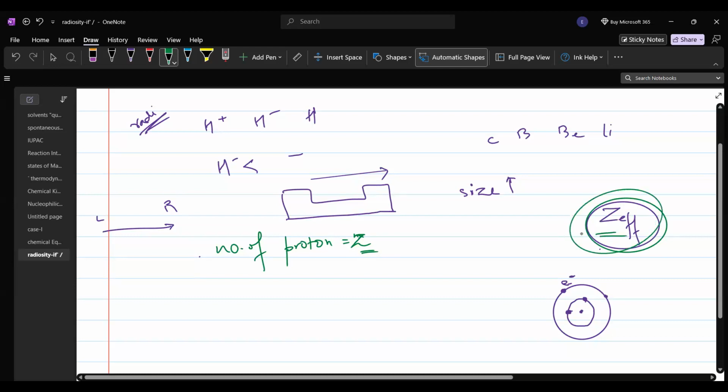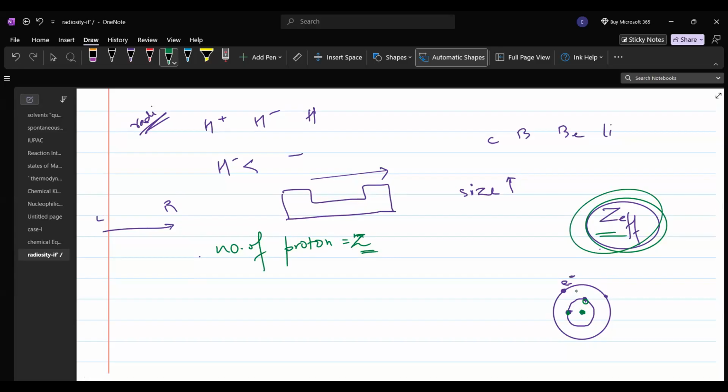The Z effective will always be lesser than Z. It has been reduced by the repulsion of these inner electrons, right? Got my point?